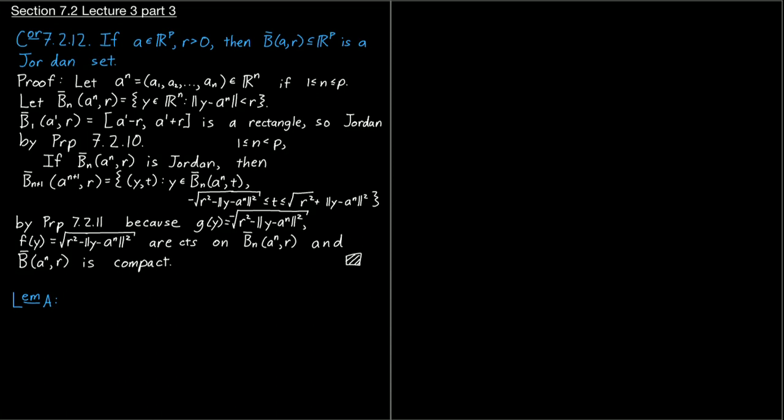So I think I will just write down the lemmas. I will draw the picture that gives us the sketch of the proof, and on the homework and exams, you're allowed to take these lemmas for granted, even if I haven't written the proof out in complete details. So here is the first lemma.